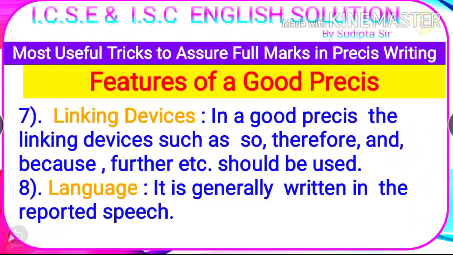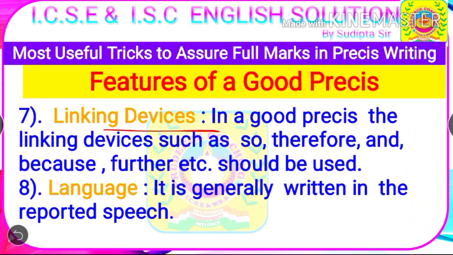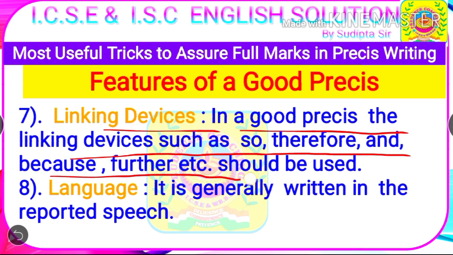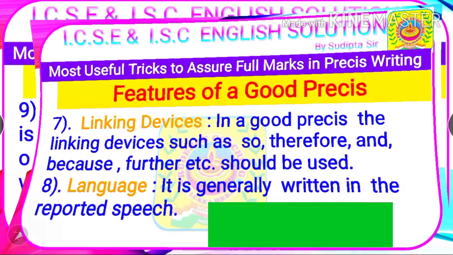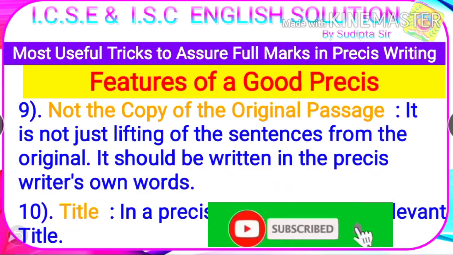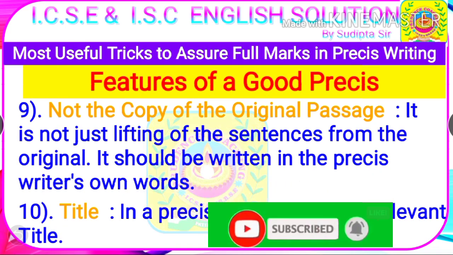Next, there are linking devices. Yes, students, in a good Precis, linking devices such as so, therefore, and, because, further, and so on should be used. Next is language. It is generally written in reported speech. The next point tells us that it shouldn't be a copy of the original passage.